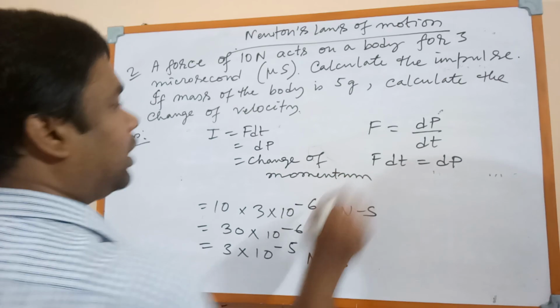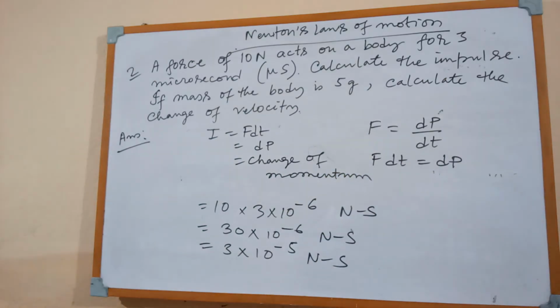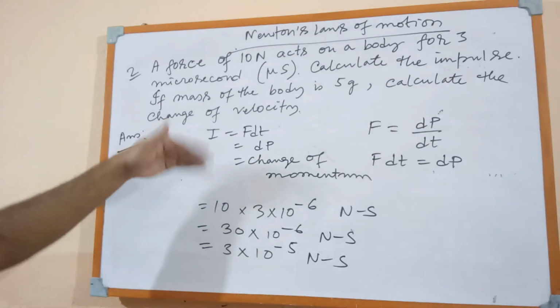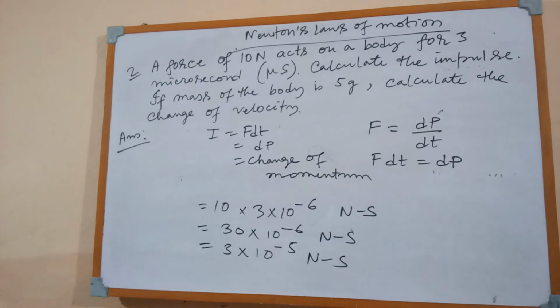If you calculate the impulse, then you can also find the change of momentum, because the value of the impulse is equal to the change of momentum. Then from the change of momentum we can easily find the change of velocity.